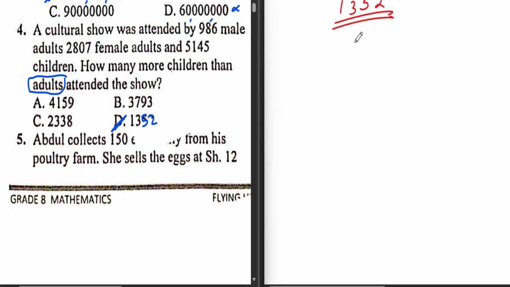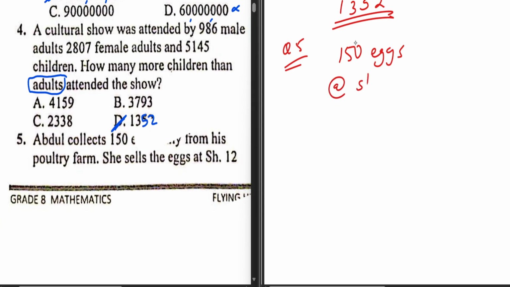Basically this is question 5. She collects 150 eggs and sells each egg at 12 shillings. So you take 150 times 12.